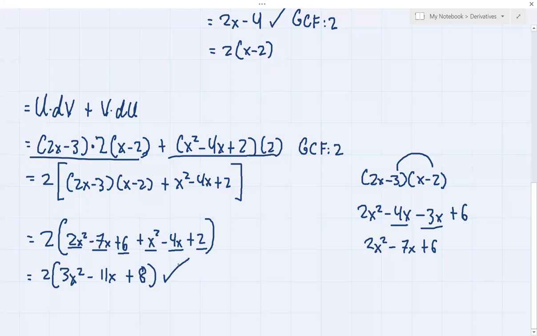Before that, this is in trinomial, right? Okay, this is in trinomial. So, when this is a trinomial, it means you can factor it out.